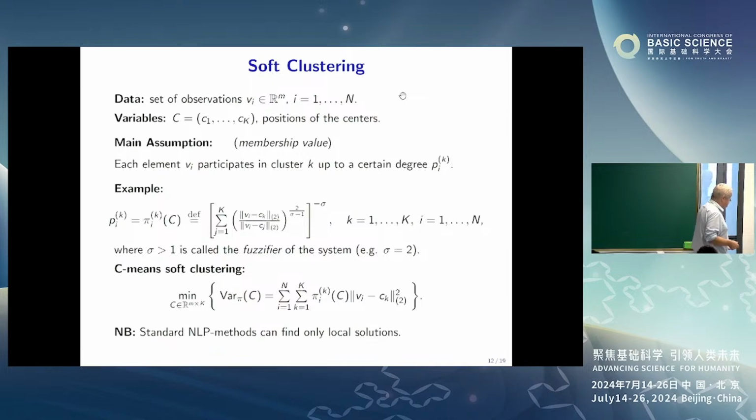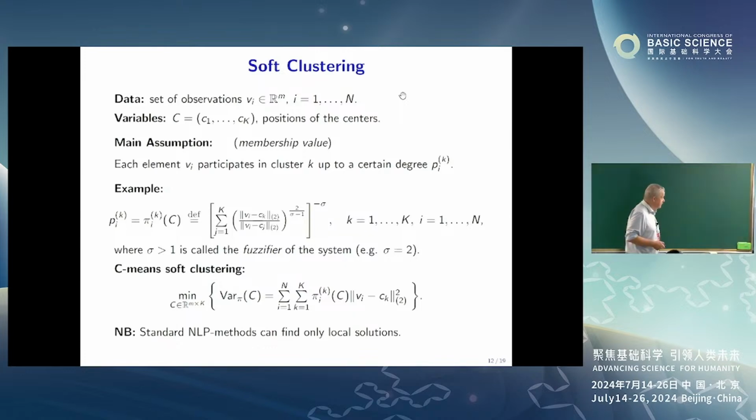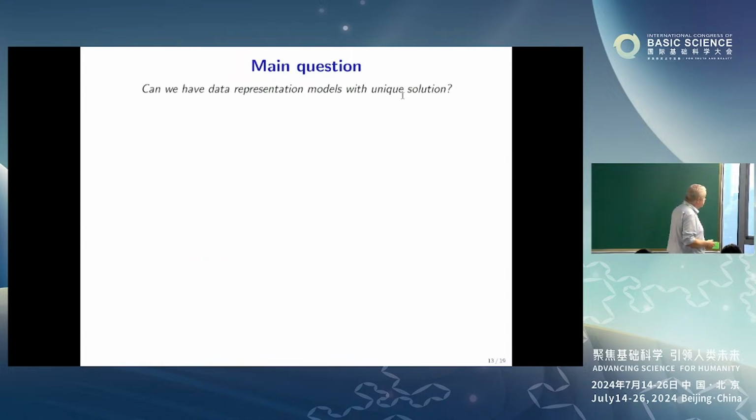Somehow from this minimization, of course, with clustering, but nonetheless, the next question: can we indeed find presentation models which have a unique solution?